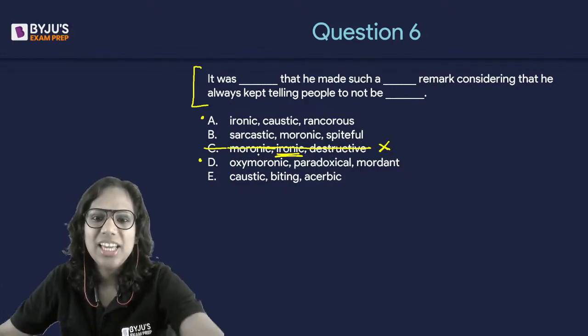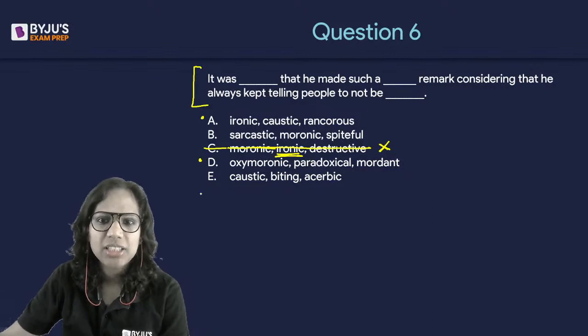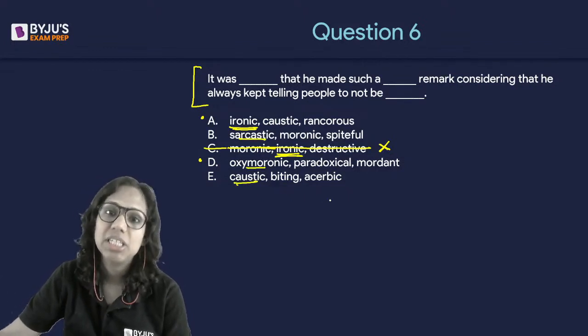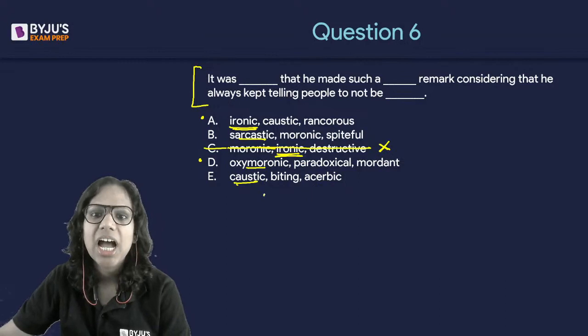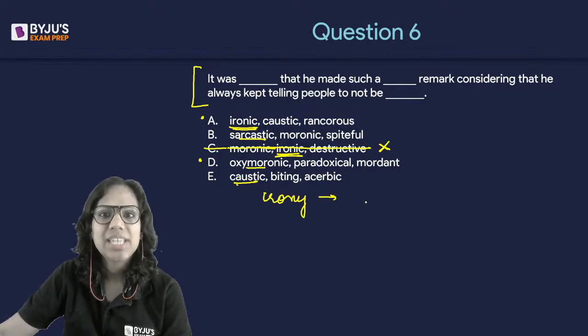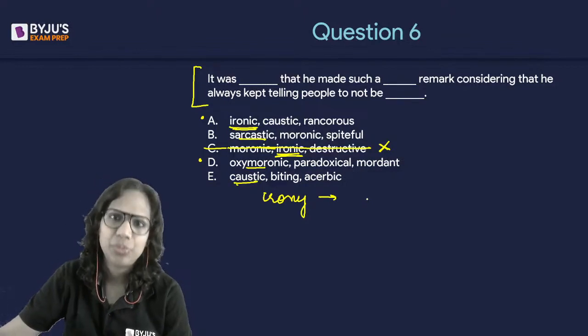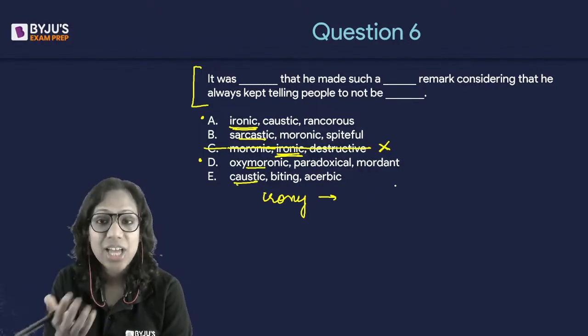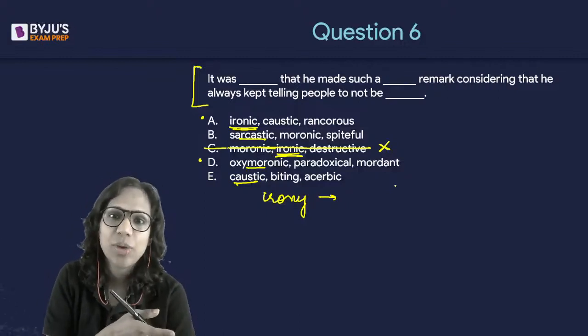Okay, then let's have a look at the other options. It was ironic, it was sarcastic, oxymoronic, caustic. We should know the meanings of these words. Irony means that there is a gap between what was expected and what has actually happened. And most often, what has actually happened is the opposite of what you expected.